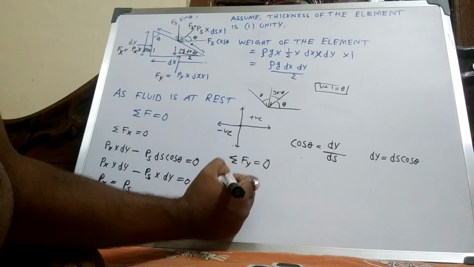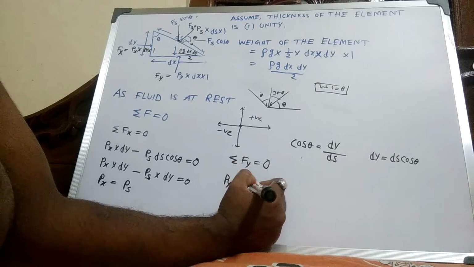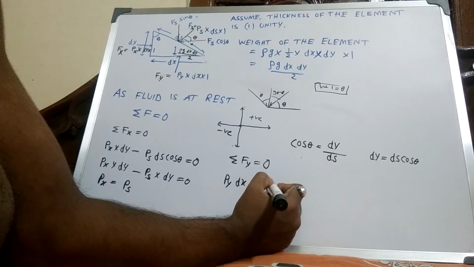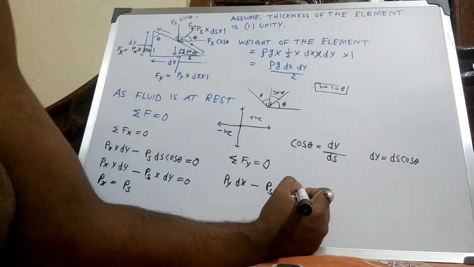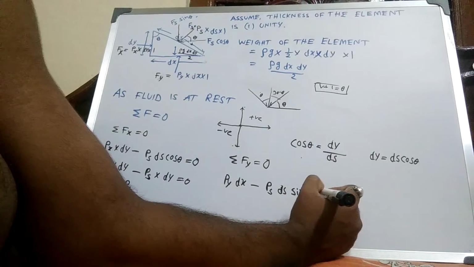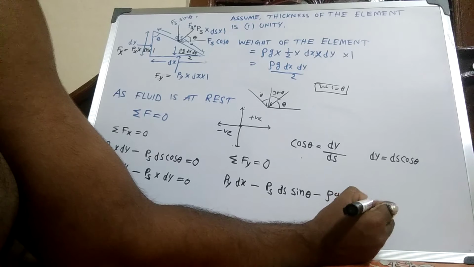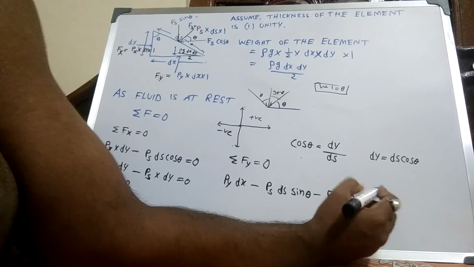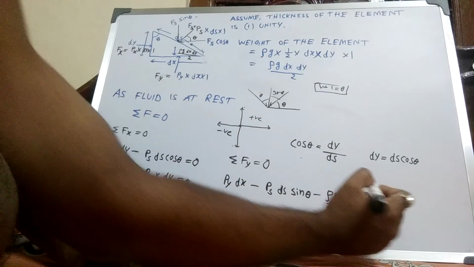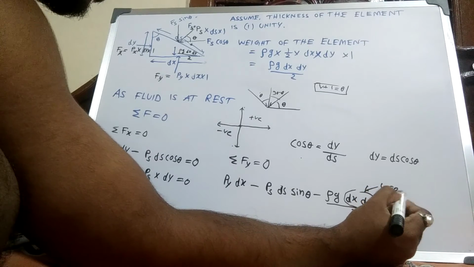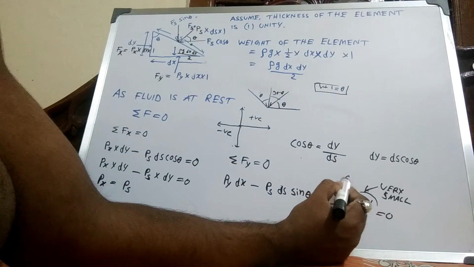Similarly, summation of Fy equals 0. The positive y direction is py into dx, minus the downward ps into ds into sin theta, and minus rho g dx dy by 2 equals 0. This is a very small element, so we neglect the weight term.